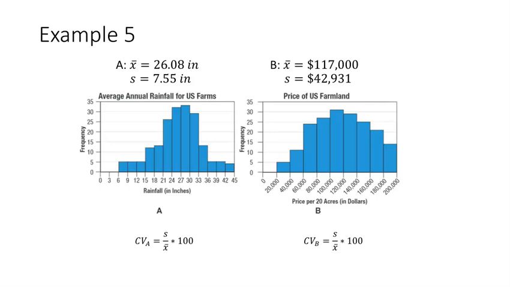Sample standard deviation divided by mean times 100. So for our first graph, I'm going to label that with a little a. I take my standard deviation, 7.55, divide it by my mean, 26.08, and times it by 100.